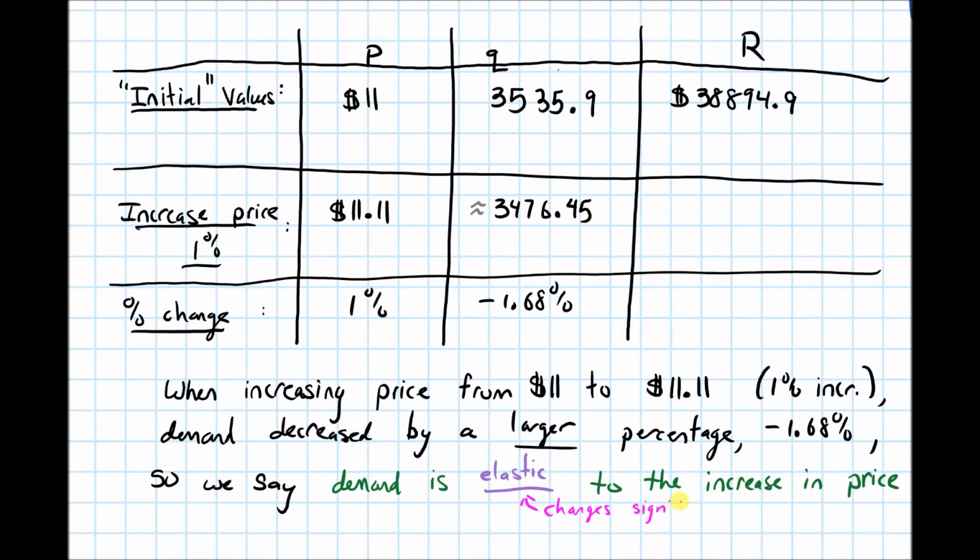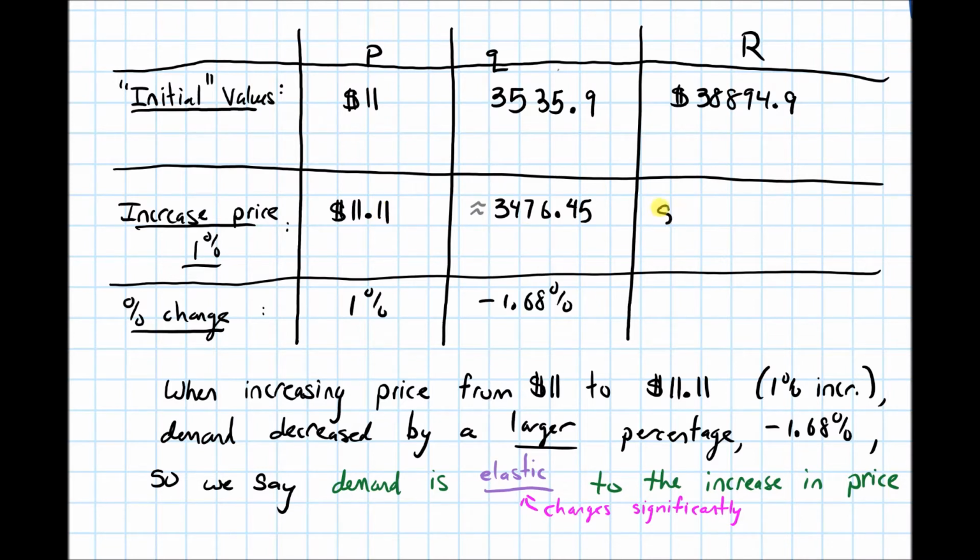So based off of this, even though the price went up, the demand went down by a greater percentage. And based off of that, conceptually, I would expect the revenue to go down. So if we were to check that now, the revenue when we increase the price by 1%, if you multiply this price, the 11.11, times its corresponding demand, we end up getting $38,623.38.